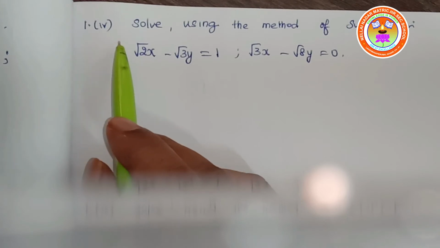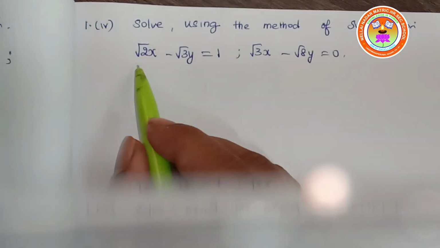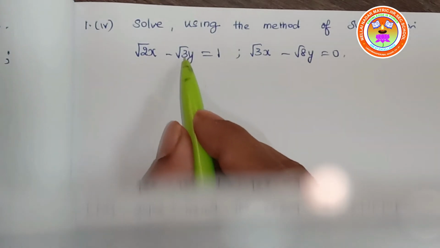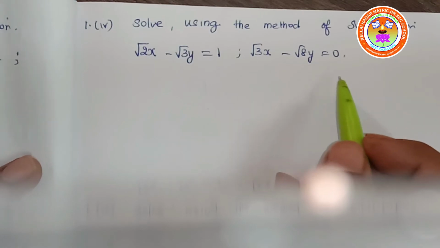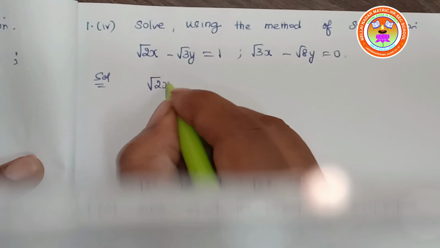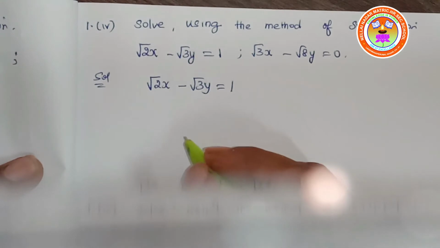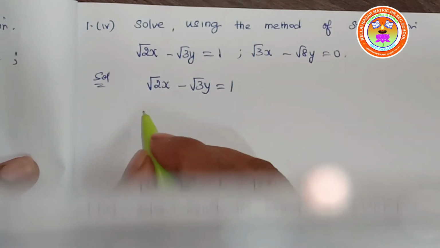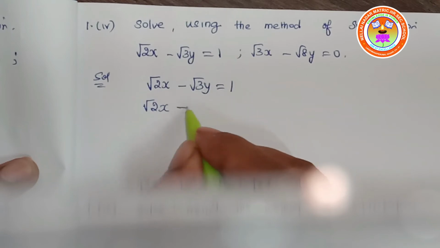First question, fourth subdivision. Solve using the method of substitution. Root 2x minus root 3y equal to 1. Root 3x minus root 8y equal to 0. Solution. Root 2x minus root 3y equal to 1. You are going to make y equal to, that is root 2x plus 1, transfer the side, become minus 1.